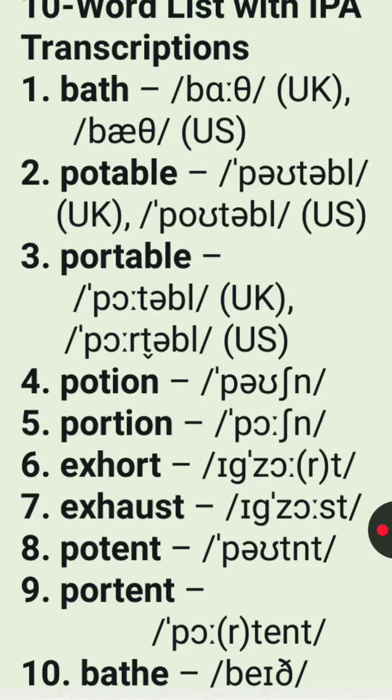Transcribed as B sound, A sound, and the voiced th sound, not the voiceless th but the voiced th. So I would like you to pronounce with me, bathe. Now say bathe. Again, bathe. And that's okay.